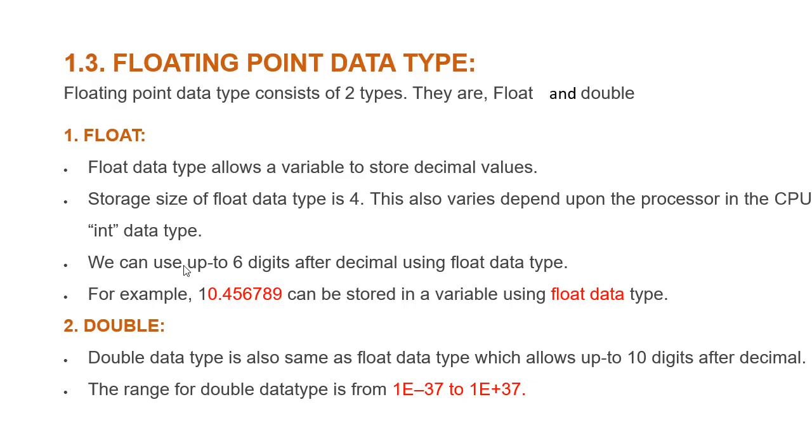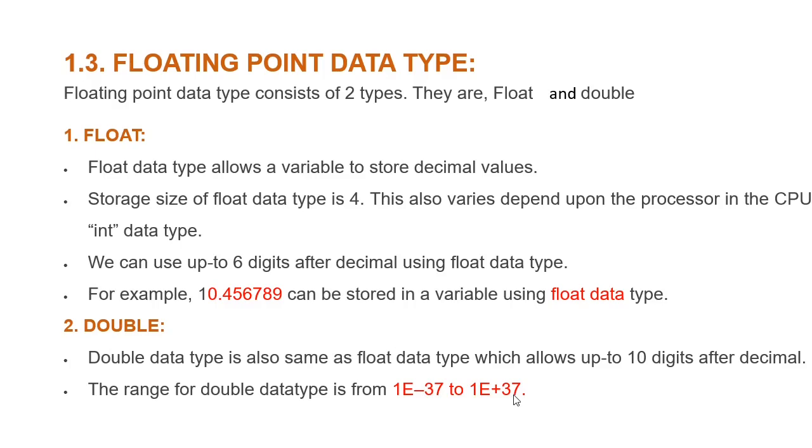For example, 6 digits after the decimal using float types. 10.456789 can be stored in a variable of float data type. So after the decimal it has 6 digits, whereas double has more, up to 10 digits after the decimal. The range of double is 10 to the power minus 37 to 10 raised to plus 37.